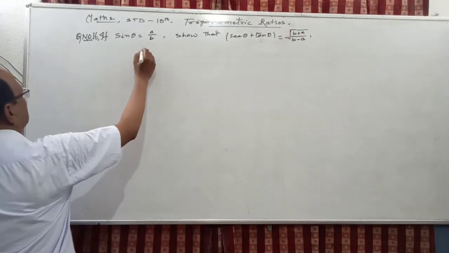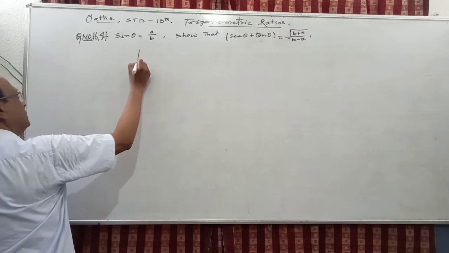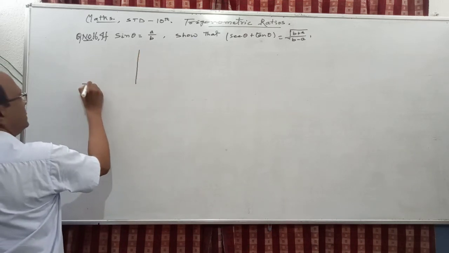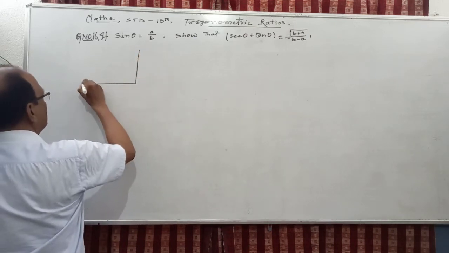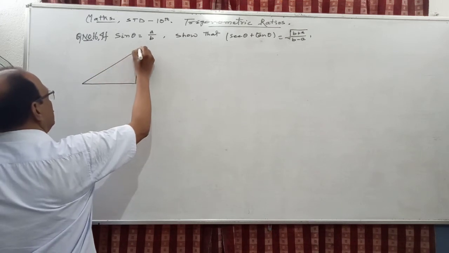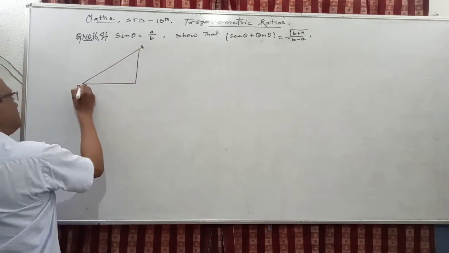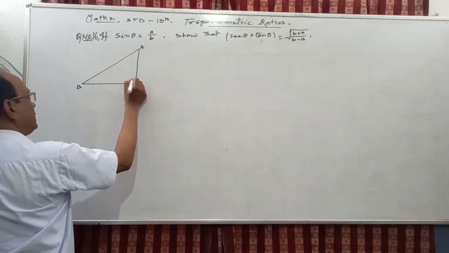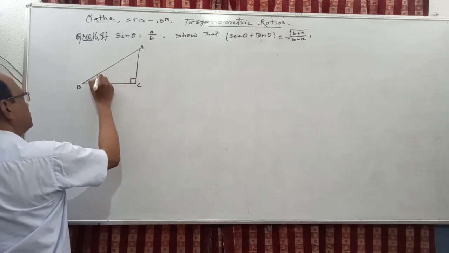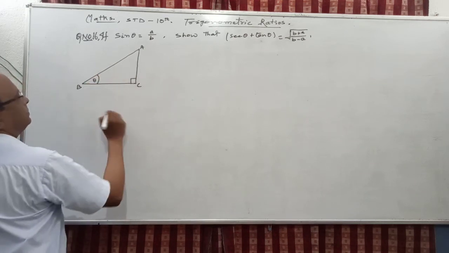We draw a triangle ABC like this, and it is taken as a right angle triangle. We take here A, it is B, and this one is C. This angle is 90 degrees and this is taken as angle theta.